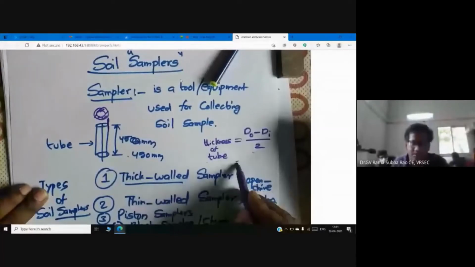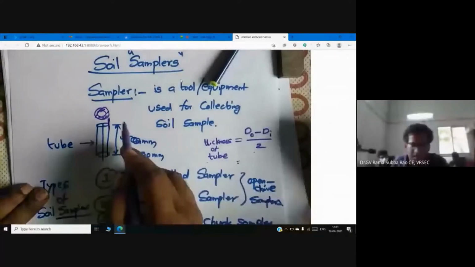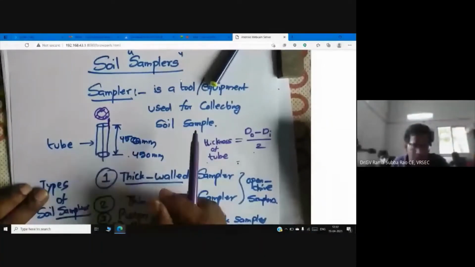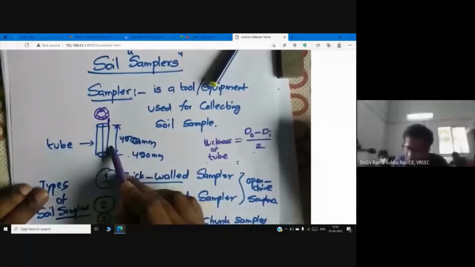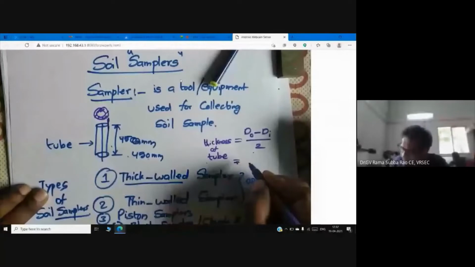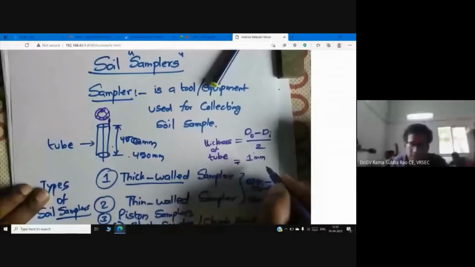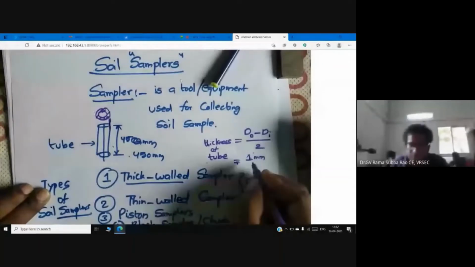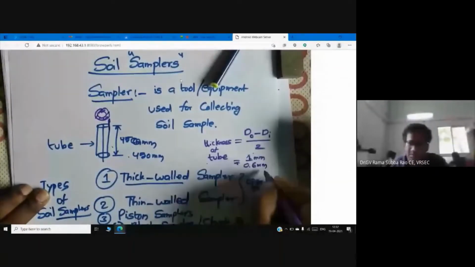So here you see what I would like to tell you. If the thickness is small, small in the sense, let me say the thickness of this tube is 1 mm. Even it is less than 1 mm also. I can say 0.6 mm. Sometimes we may use 1.2 mm like that.